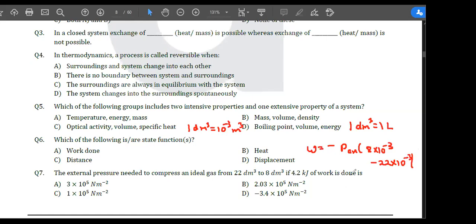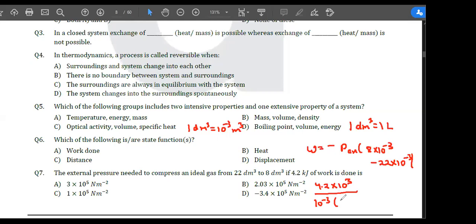Now can you solve? W is given, the external pressure you have to find. So it will be 4.2 into 10 to the power 3. Now this is 10 to the power minus 3, so we'll take it to this side, 10 to the power minus 3 into, now 8 minus 22 is minus 14, so minus minus plus.